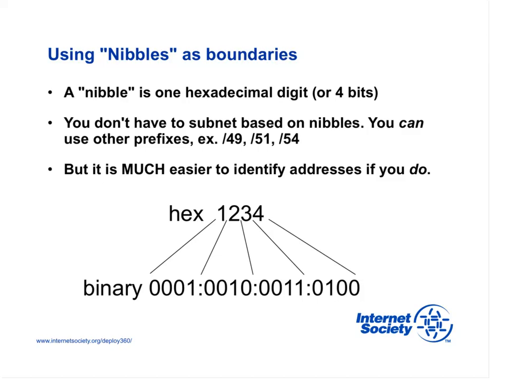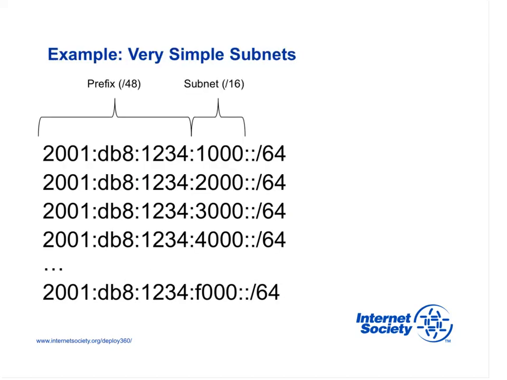Because then you can do things like, in a very simple example, if this was the /48 that was given to you, where it says 2001:DB8:1234, then you could start out your subnets at 1000, 2000, 3000, 4000, and give those out in different ways. Another example, instead of going to 1000, 2000, you could just go 1, 2, 3, 4.